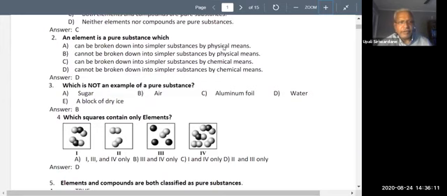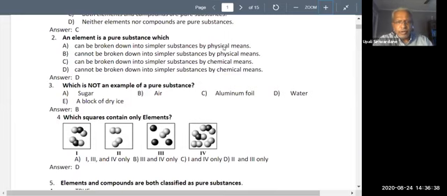An element is a pure substance. Now I have to tell you this. Elements cannot be broken down further by simple means, but compounds could be broken down into simpler substances like other elements or simple compounds.